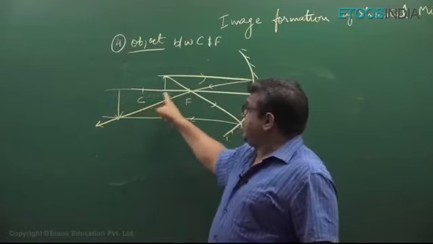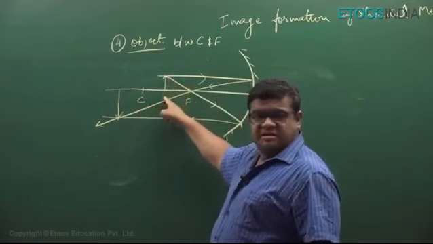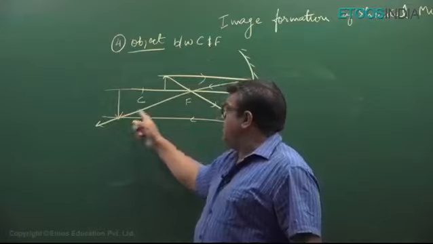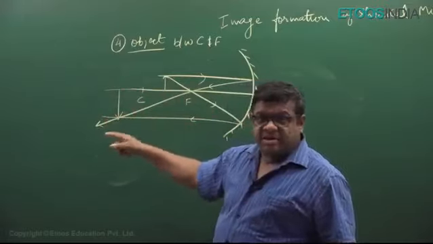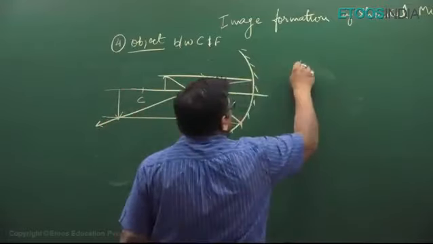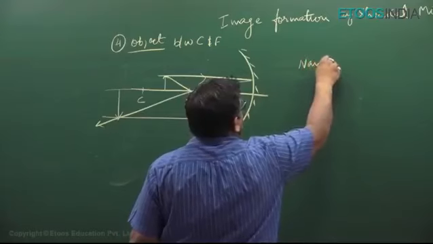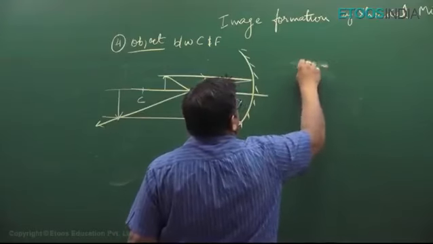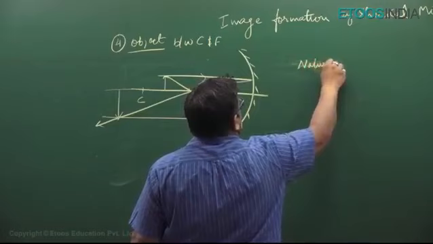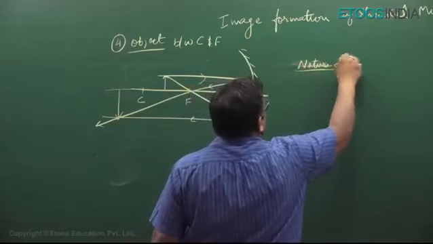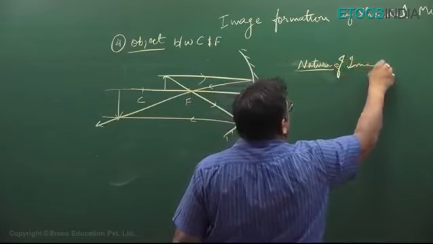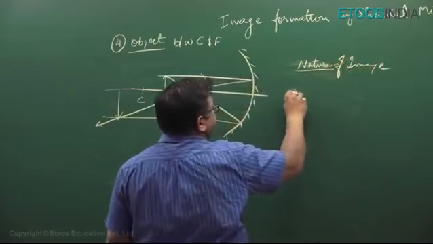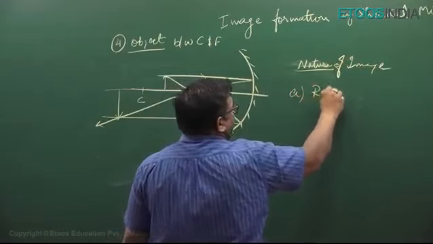Look at it. C and F are here, the object is placed here and the image is formed beyond C. Now, the nature of the image: it is real.